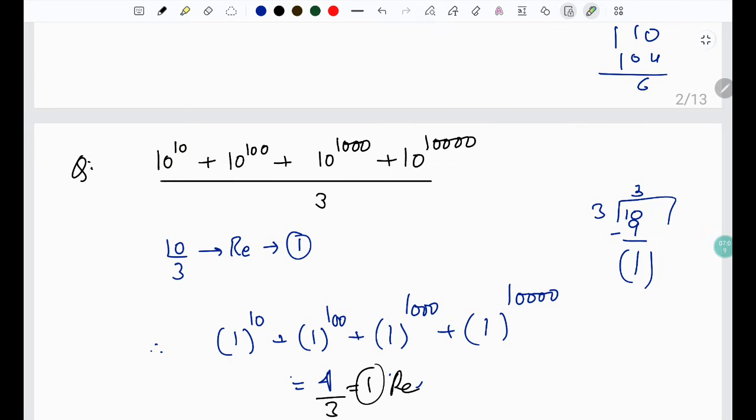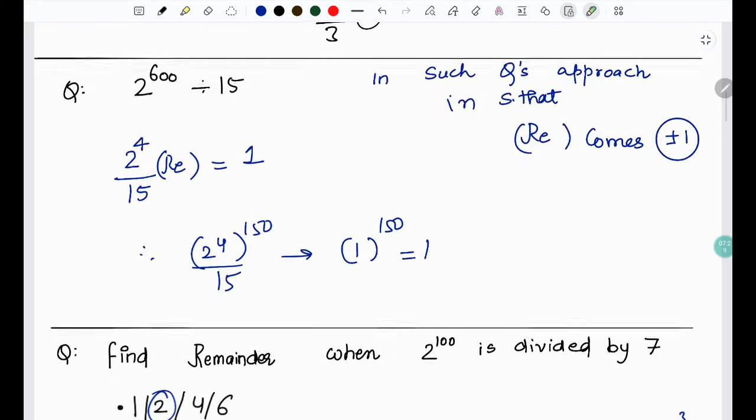Since all of these base numbers are 10, the remainder will be 1 for each of these numbers. So 1 to the power 10, 1 to the power 100, 1 to the power 1000 and 1 to the power 10,000. The answer will simply be 1, and after getting the number we further divide by the original divisor, hence the remainder will come out to be 1. Hence the correct answer is 1 only.